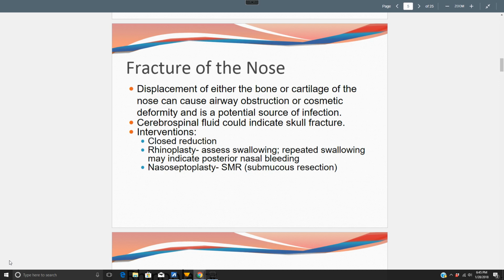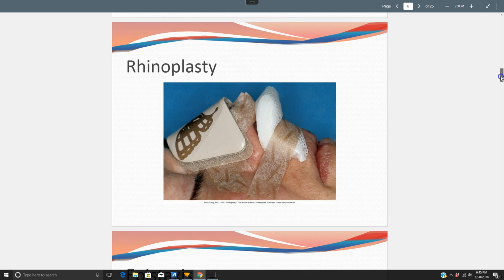And your book brings a very good picture of the type of dressings and what the patient will look like when he comes out of surgery. As you can see, I'm showing you this on the screen right now, and this is what you would see with your rhinoplasty patient.